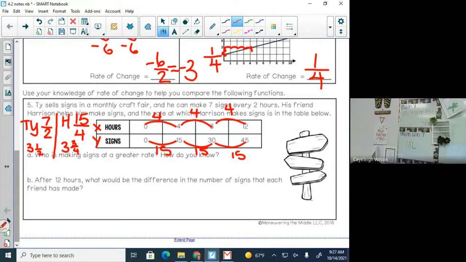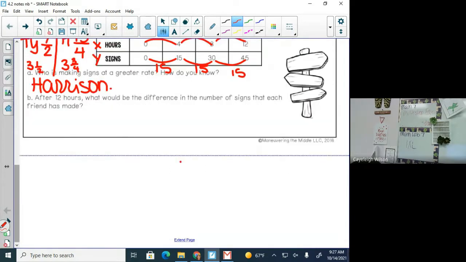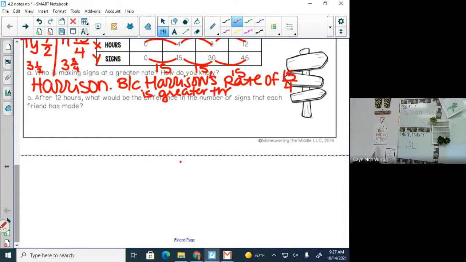Right? So who is making the signs at a greater rate? Harrison. And so we're going to say Harrison. And it says, how do you know? And we're going to say because Harrison's rate of 15 fourths is greater than Ty's.